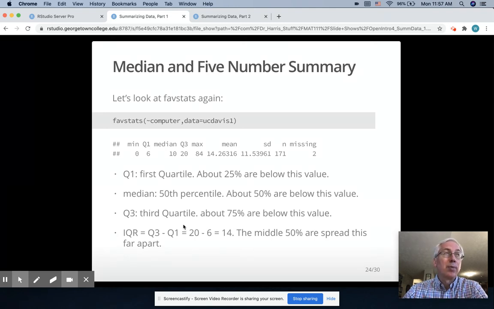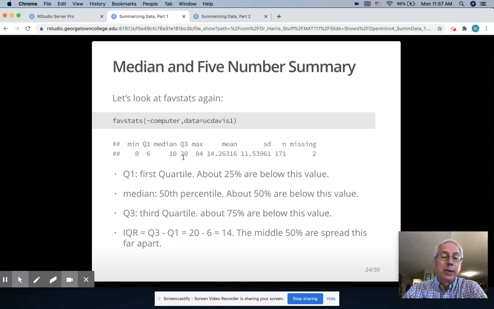So quartile, the prefix quar, makes us think of 4. We're dividing the data into 4 equal parts, more or less. The first quartile marks off the first fourth. The median is sometimes also called the second quartile. And then the third quartile would mark off the third fourth. The interquartile range, IQR, stands for interquartile range. That's the difference between the third quartile and the first quartile.